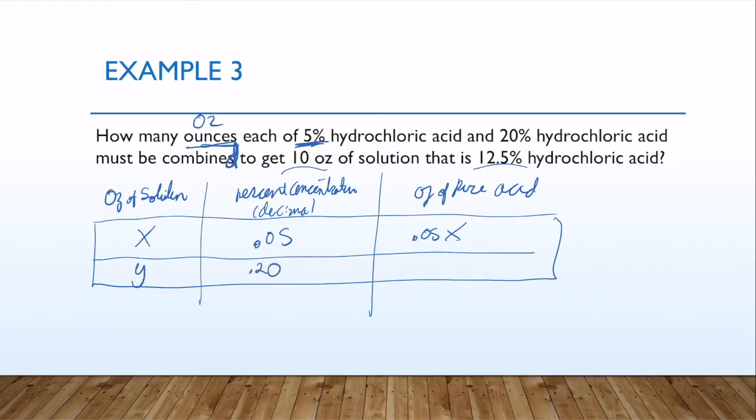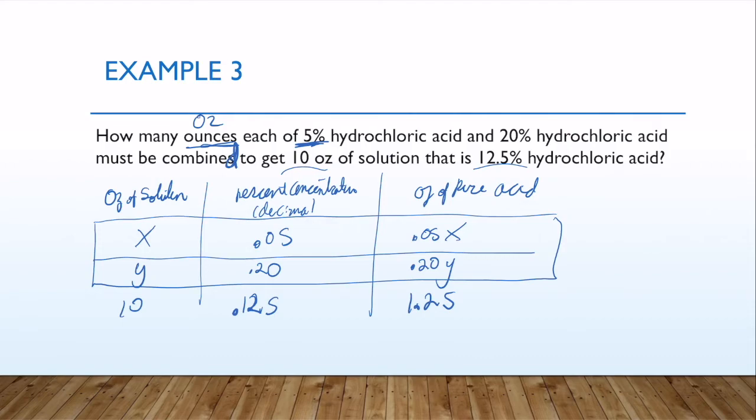So I know I'll have 0.2y ounces of pure acid. And I need to get 10 ounces of 12.5% hydrochloric acid. So that would be 1.25 ounces of pure acid.